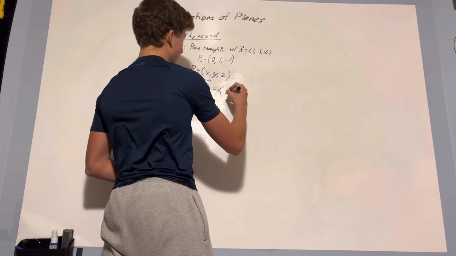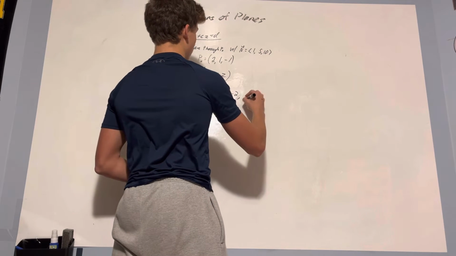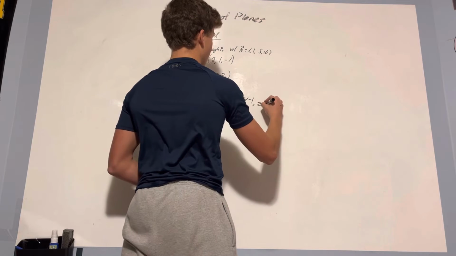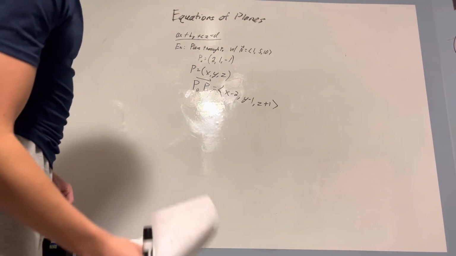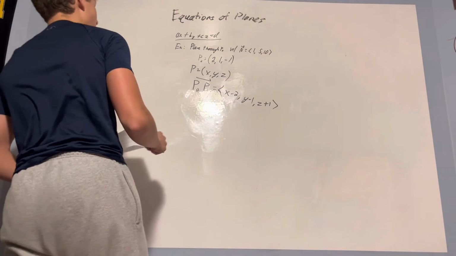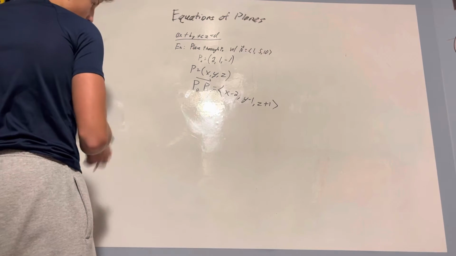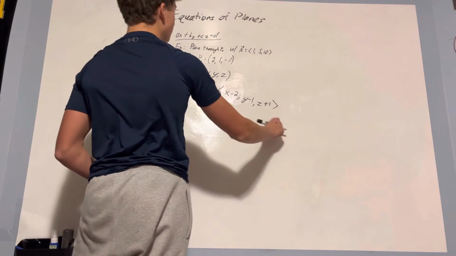So we're going to have x minus 2, comma, y minus 1, and then z minus negative 1, so z plus 1. Okay. Oh man, I'm writing on the diagonal again. All right, I'll try not to do that. So now we have the vector P naught P, and it's defined as follows.